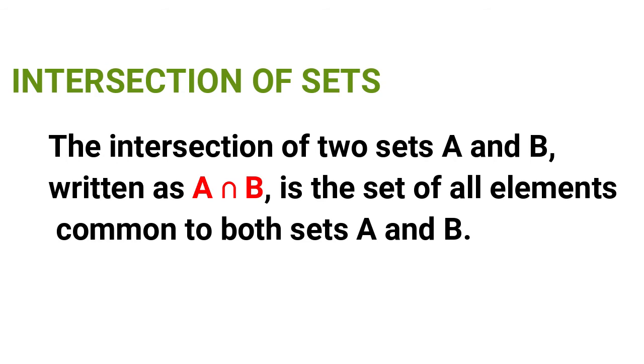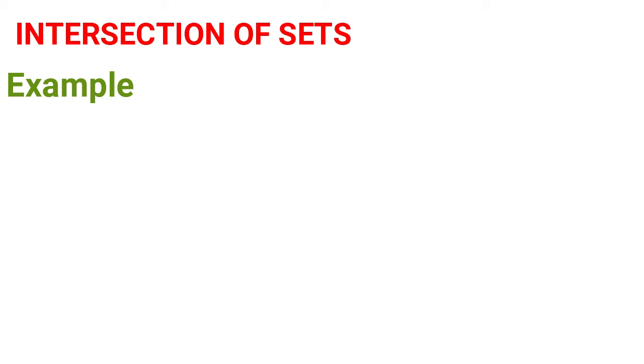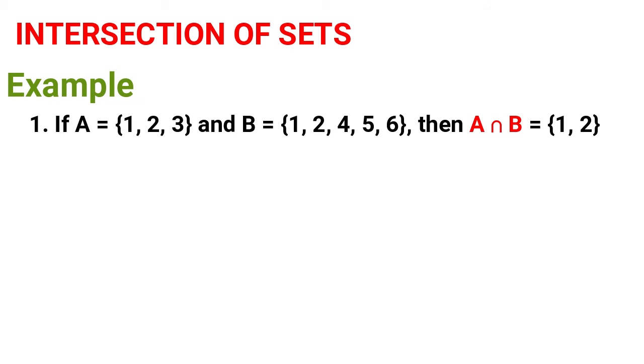The intersection of two sets A and B, written as A intersection B, is the set of all elements common to both sets A and B. Example, number 1. If A is equal to {1, 2, 3}, and B is equal to {1, 2, 4, 5, 6}, then A intersection B is equal to {1, 2}.